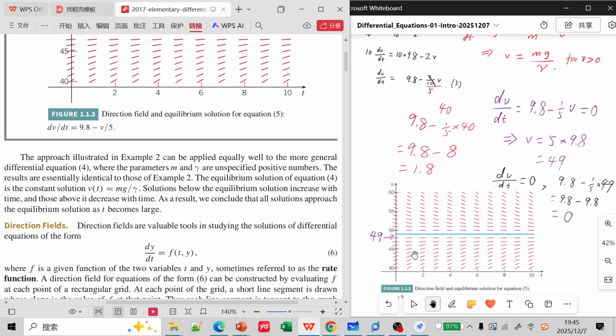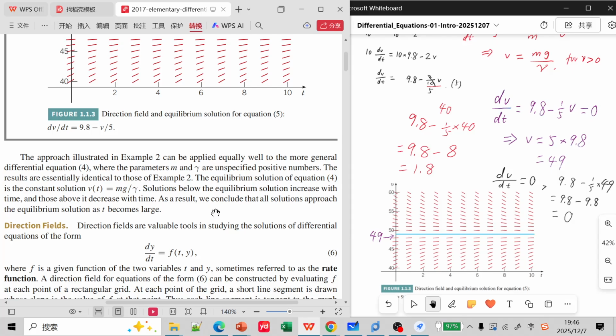The segment is a tiny part of the real specific concrete curve, and it is going to increase. So the value of V is increasing, and above this line the value of V is decreasing.